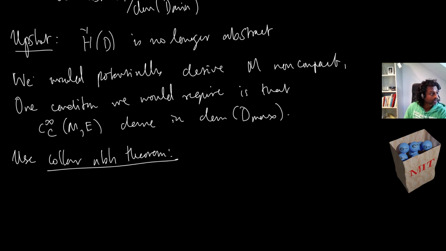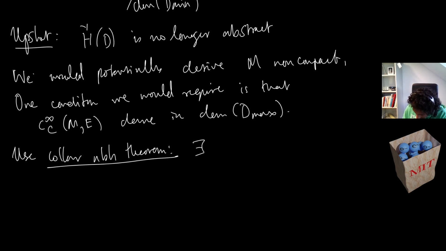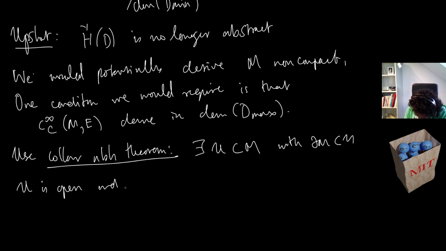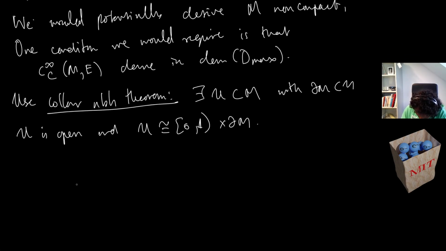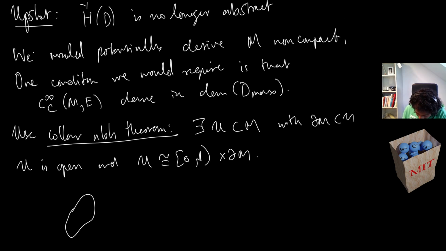Okay, so what does the Collar neighborhood theorem say? It says that there exists a neighborhood U in M of the boundary, U is open, and U is diffeomorphic now to 0, 1 cross the boundary, right? So it's saying that we have some boundary.